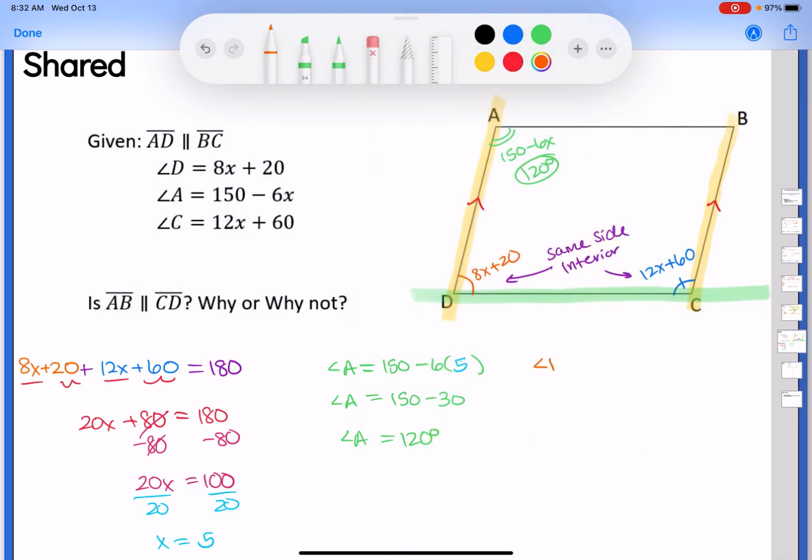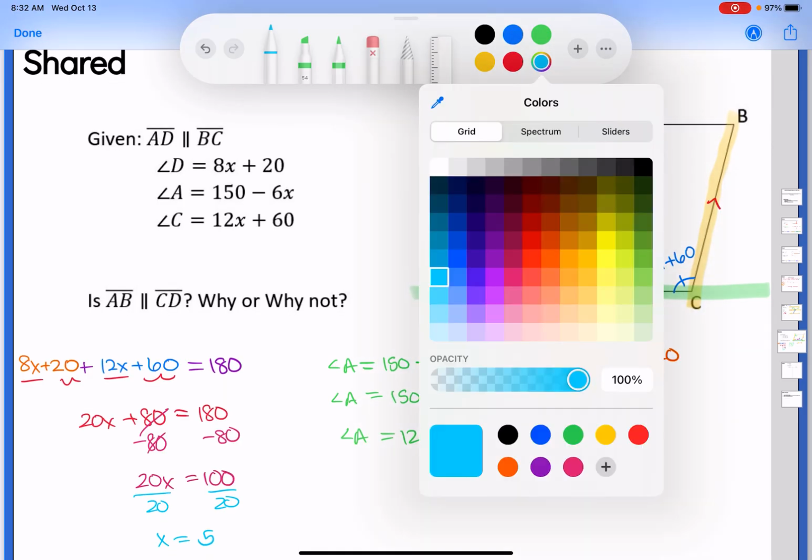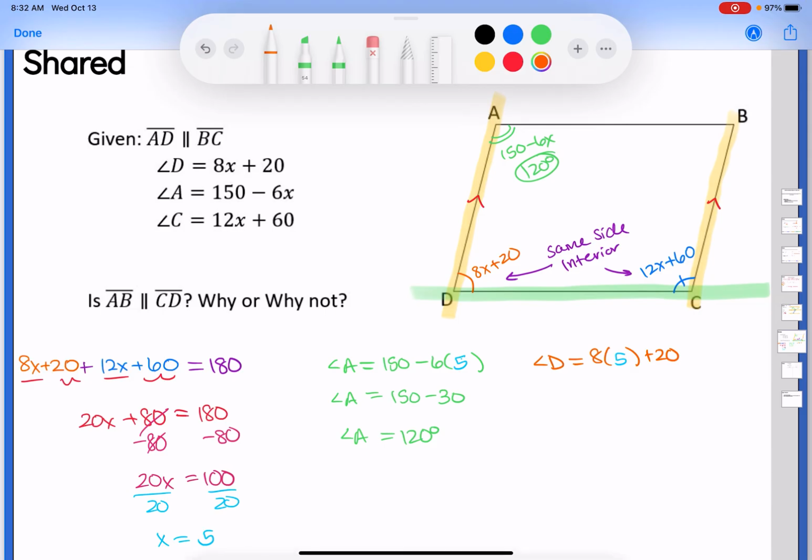Angle D is 8x plus 20, so 8 times 5 plus 20. 8 times 5 is 40, so angle D is 40 plus 20. So angle D is 60 degrees. Now I already know that angle D and angle C are supplementary, so I know that angle C would be 120 degrees, right? Because it has to be supplementary to the other one. And that was what I wrote my whole equation on, so I know that already.